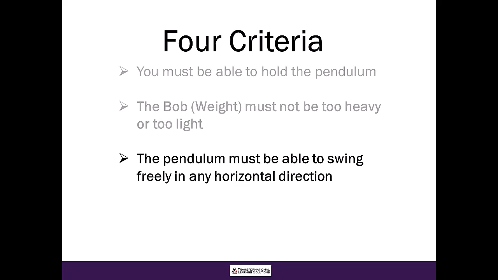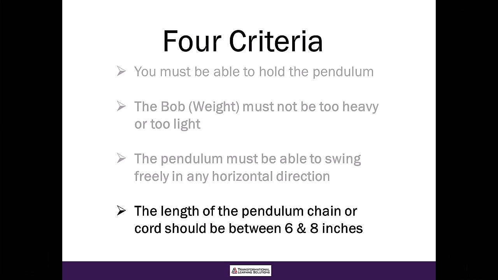For our purposes, it is not a good choice because the wire is too stiff to provide sufficient freedom of movement. Similarly, a paper clip on a piece of wire wouldn't be very good either because the paper clip is too light and the wire is too stiff to produce the movements that we require.